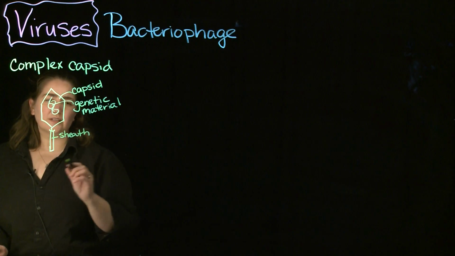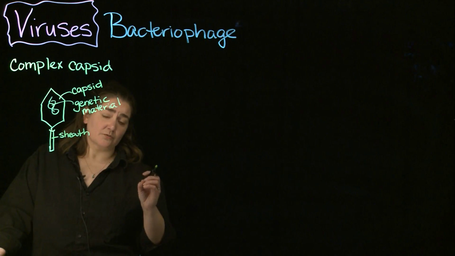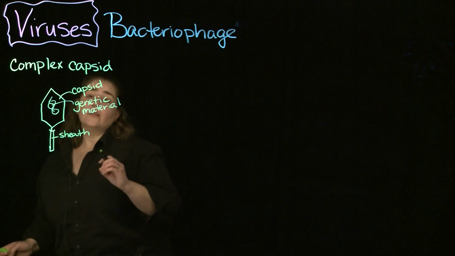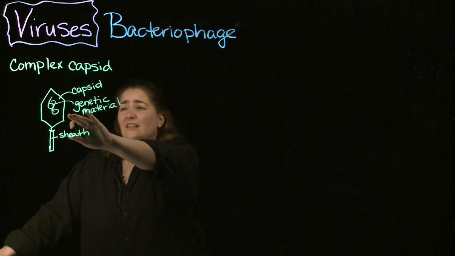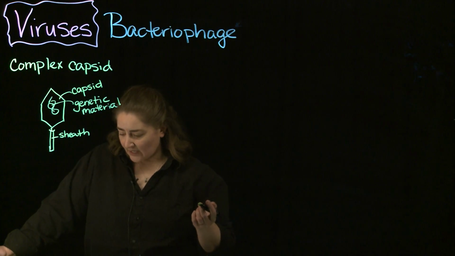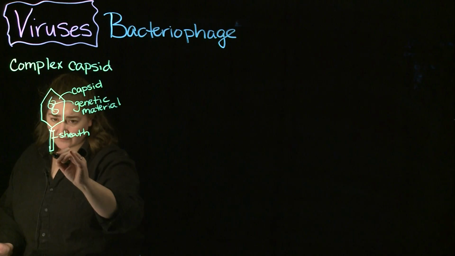that's associated with it. You can think of that sheath like a syringe, because essentially what these bacteriophage are going to do is inject that genetic material into the bacterial cell. That sheath is where that happens.